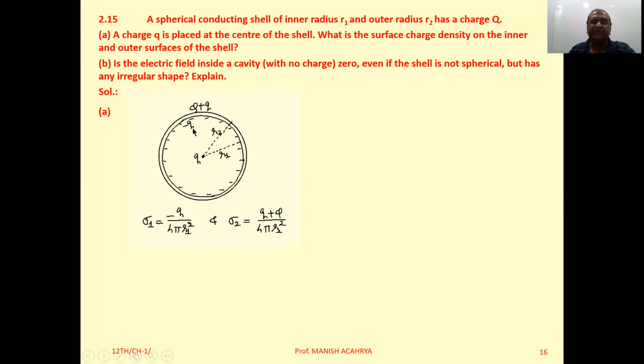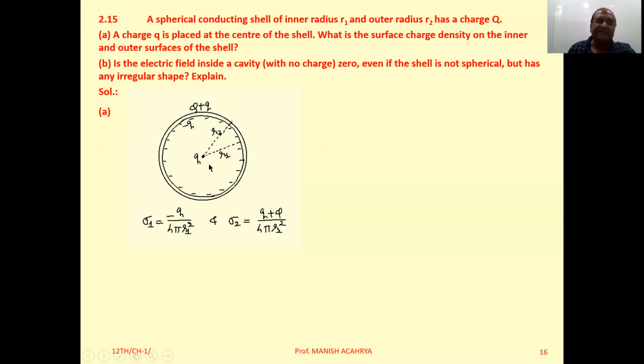Now see, first question A. We have a spherical conducting shell having inner radius R1 and outer radius R2, and charge capital Q is already there on the shell.